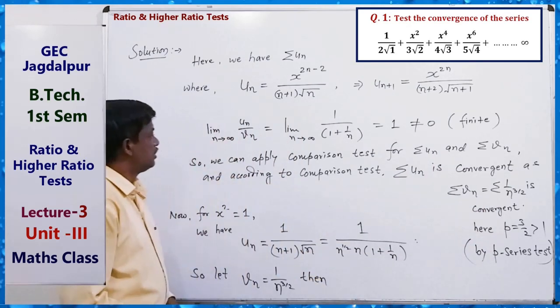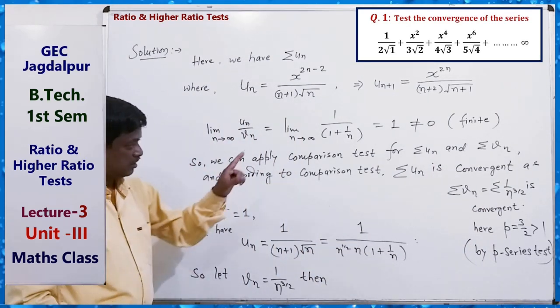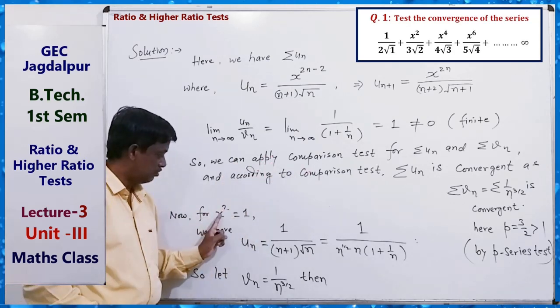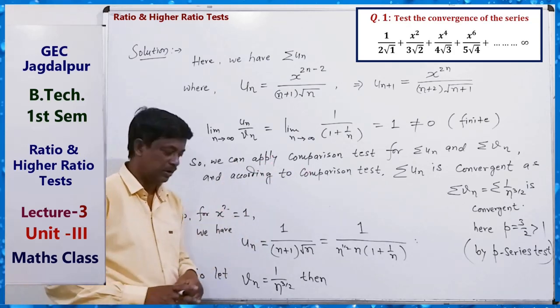So here we get the series is convergent also for x square equal to 1.